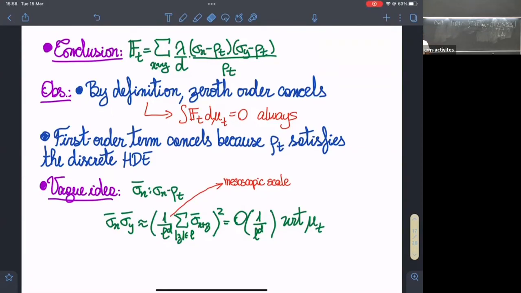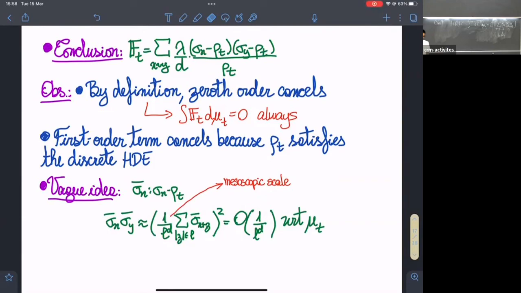So somehow the idea is that, at least at first order, the Bernoulli should be good enough. I don't know if I'm going to have time to explain the scaling limit of the non-equilibrium stationary state. But if I have time to do that, we will see that the non-equilibrium stationary state has long-range correlations. So it's not only short-range correlations, it's long-range correlations.